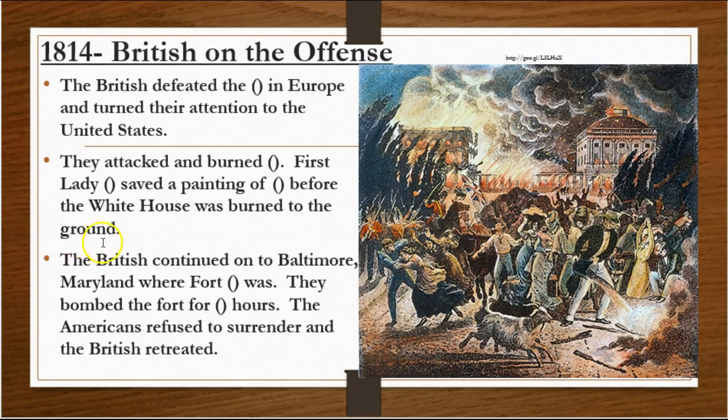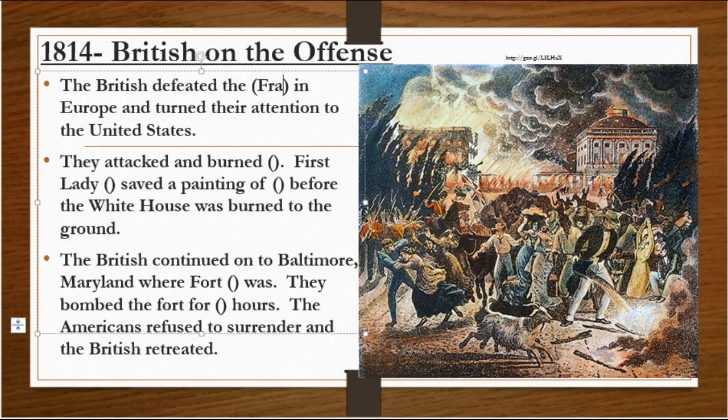Now, during the War of 1812, the British, as I mentioned previously, really were defeating the Americans very handily. The reason why is because when the British finish off the French in Europe, they decide to turn their full attention to the United States.